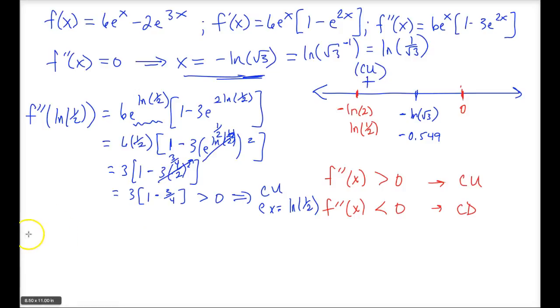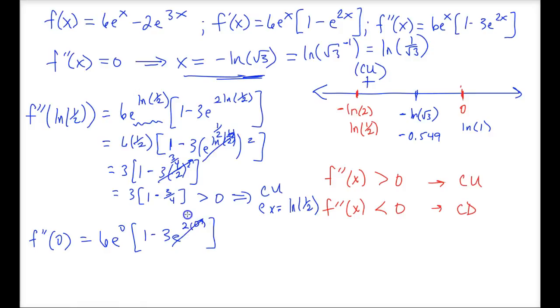And so now if we do the same thing for f double prime of 0, because of course we know that's the same as natural log of 1, then it's just 6 times e raised to the 0 times 1 minus 3e raised to the 2 times 0.